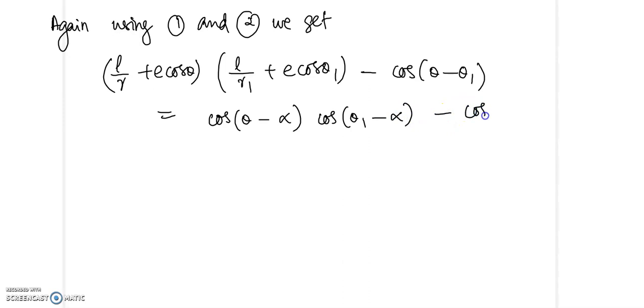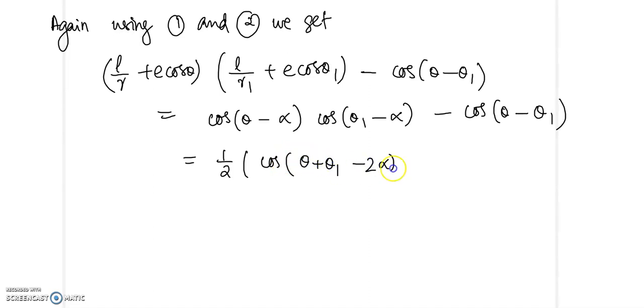Now this term is of the form cos A cos B, and you can write it as 1 by 2 of cos A plus B plus cos A minus B. So 1 by 2 of cos theta plus theta 1 minus 2 alpha plus cos theta minus theta 1, then minus cos theta minus theta 1.